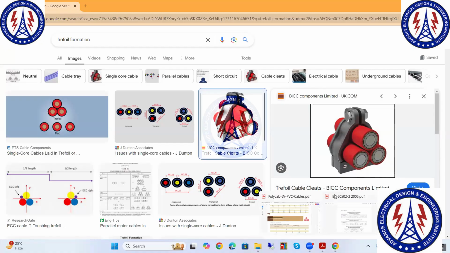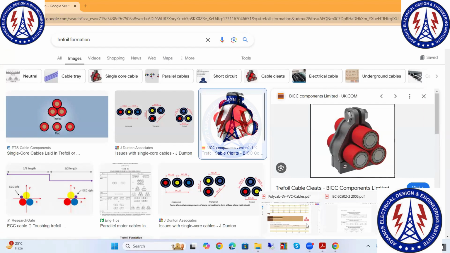If you are using it for a motor, it is a balanced load, which means all the phases carry current with a 120 degree phase difference, and your motor will rotate. So this is not compulsory for the motor, but it is compulsory for the transformer, because the transformer outgoing is an unbalanced load. So we should use it in that fashion.